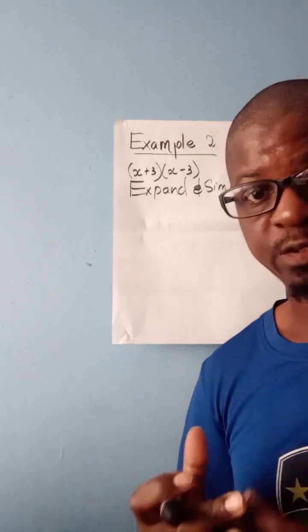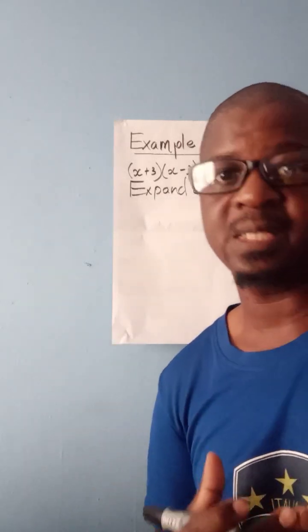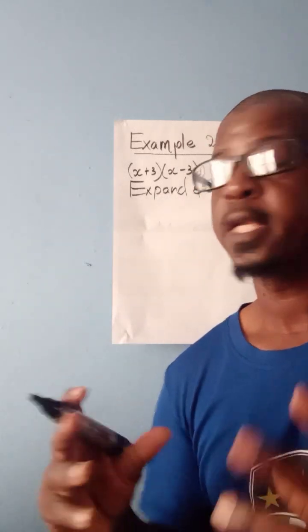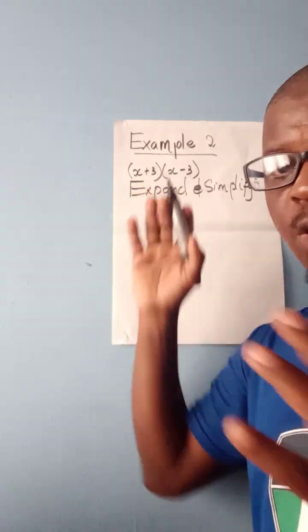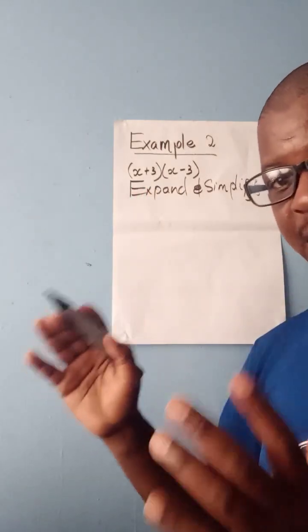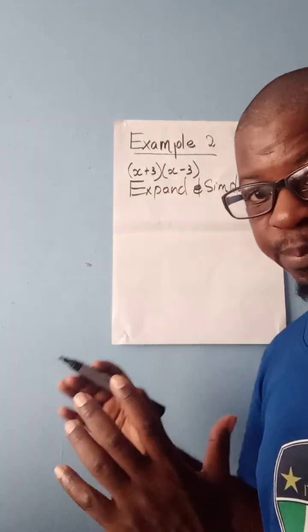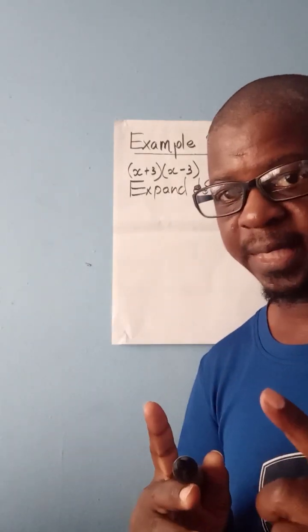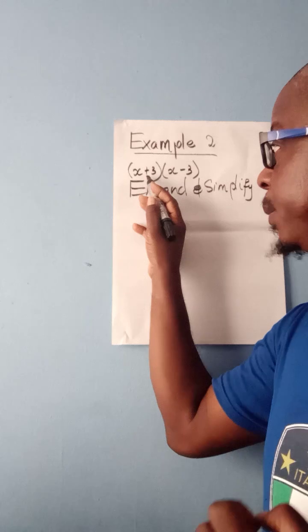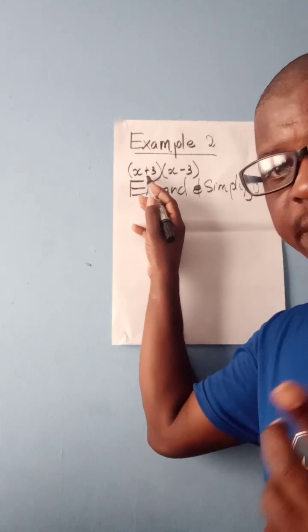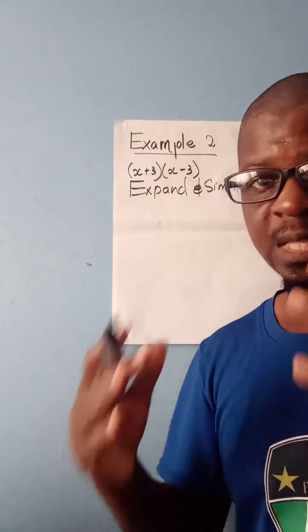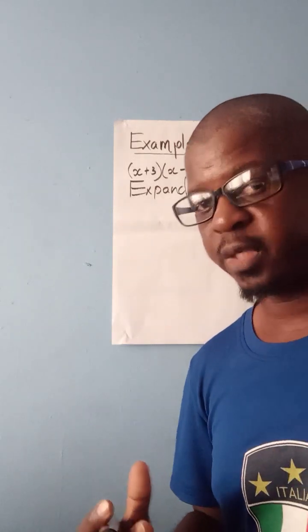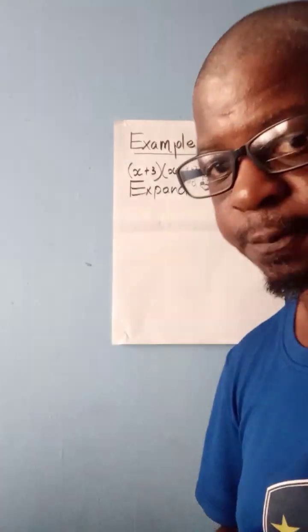So this is a difference of two squares. How do we see that this is a difference of two squares? We have got the same variables in one bracket, which are the same as in the other bracket, except that the operations here, we have a plus and we have a negative, which are different. That entails we are talking about the difference of two squares.